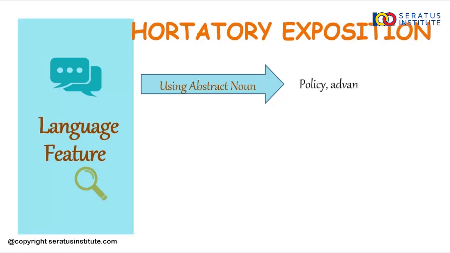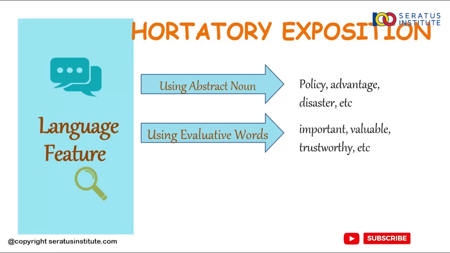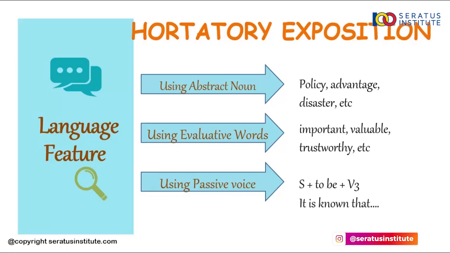Contohnya adalah policy, advantage, disaster, and etc. The sixth is using evaluative words atau kata yang mewakili sudut pandang si penulis, like important, valuable, trustworthy, and etc. And the last is using passive voice atau kalimat pasif, which has form subject, to be, plus verb 3. And the example sentence is, it is known that blah blah blah.